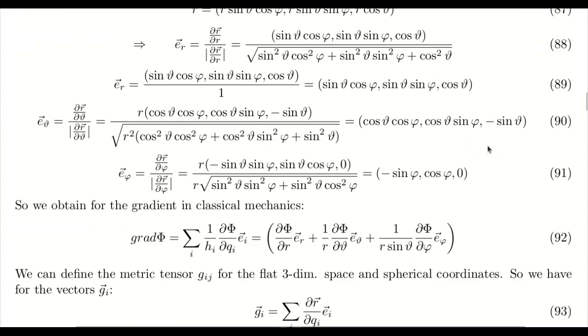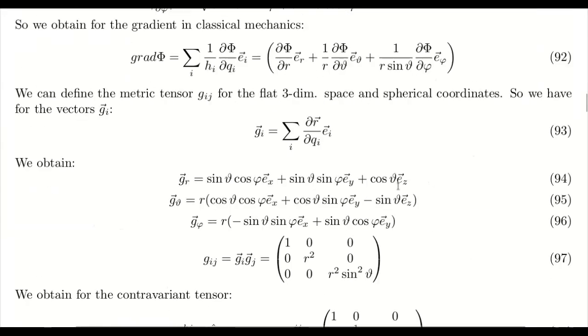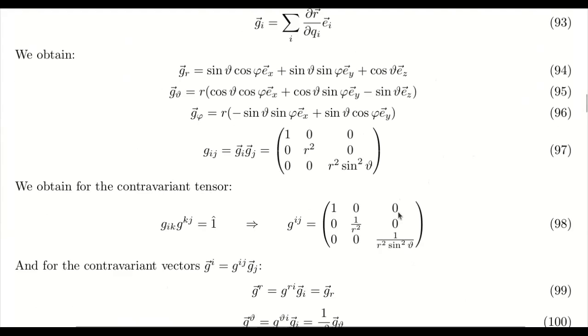And these are the vectors we have determined here before. And then if we want to calculate the metric tensor, here the covariant metric tensor, then we obviously multiply a G vector by itself. Then we would get this result here.